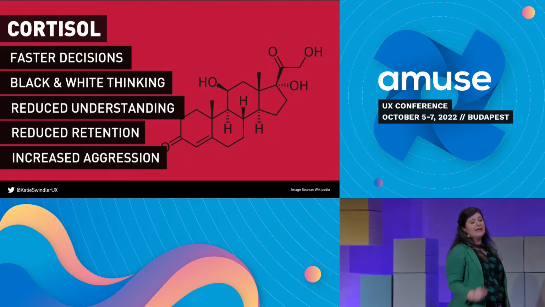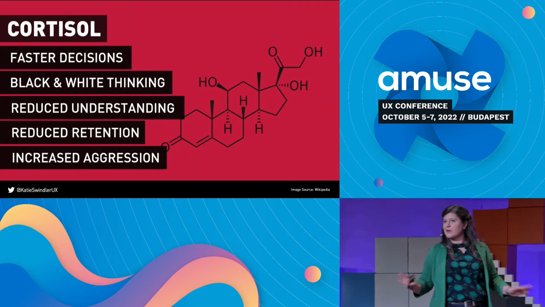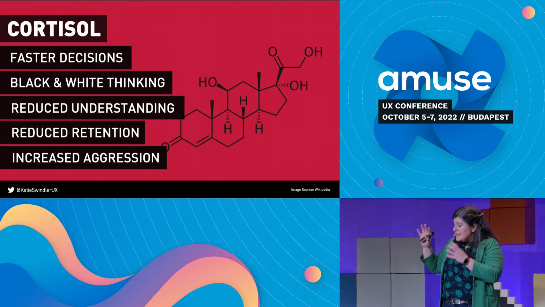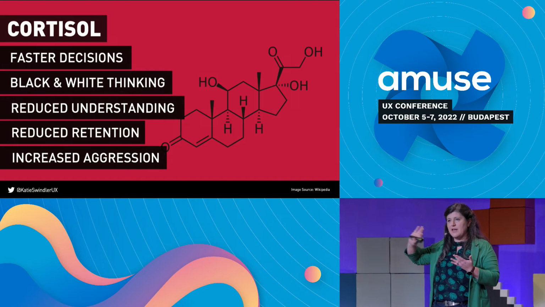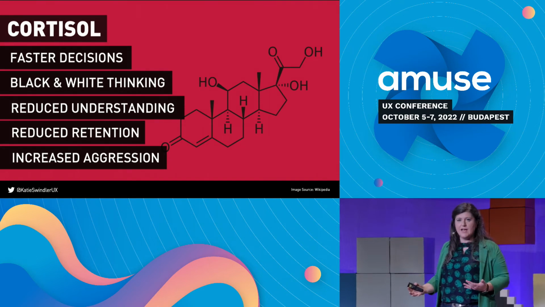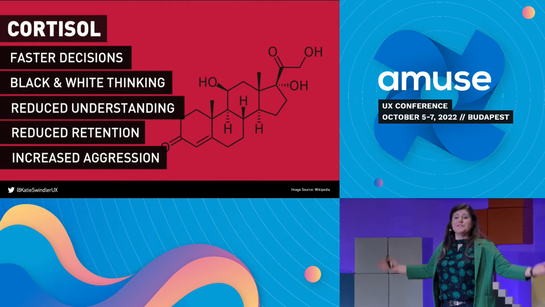And finally, it makes us more aggressive, especially to people that we see as being outside of our tribe, right? Or however you define that. So in these situations, especially on the extreme end, this can lead to poor decision-making in times of stress.